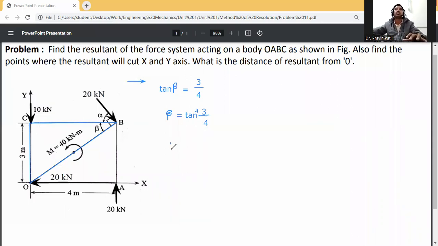So beta is equal to, shift tan, we get tan inverse 3 by 4, which is 36.869.